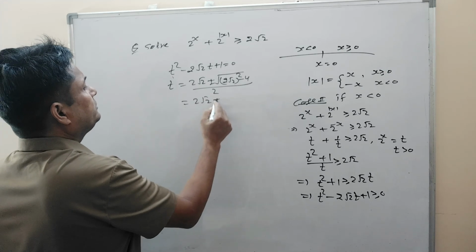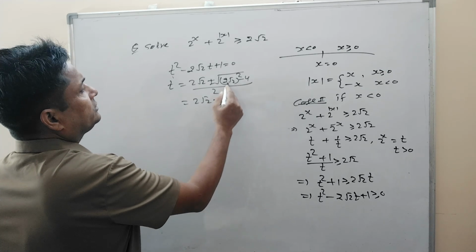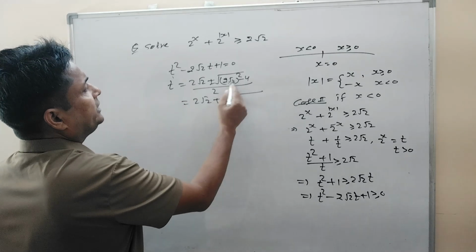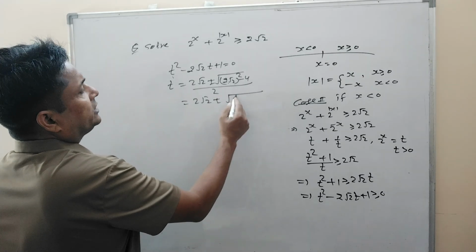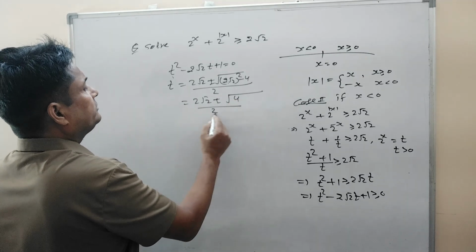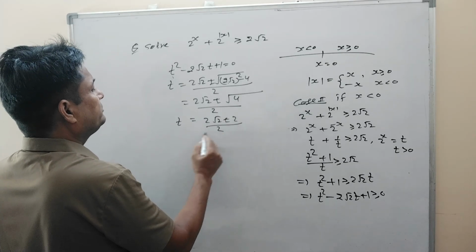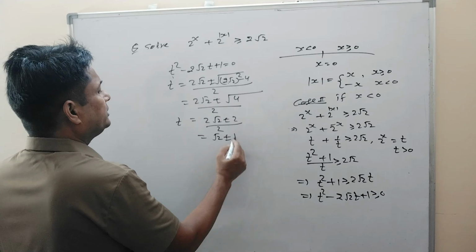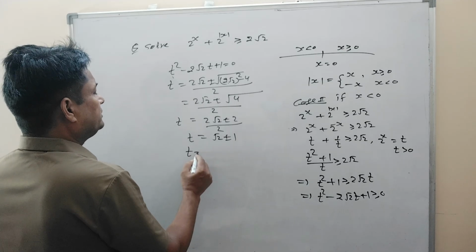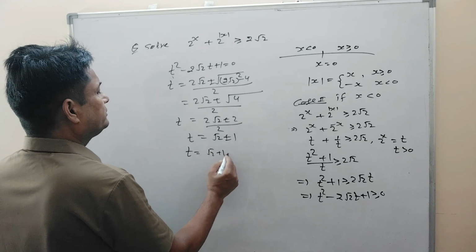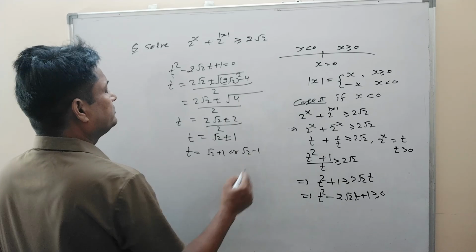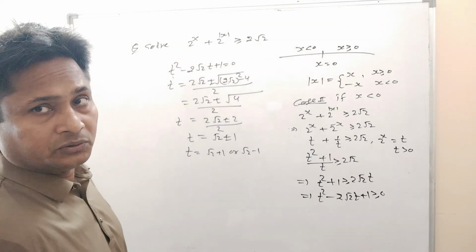So this will be 2 root 2 plus minus under root of 8 minus 4, this will be 4, divided by 2. That means t equals 2 root 2 plus minus 2 divided by 2, that means root 2 plus minus 1. So t is coming root 2 plus 1 or root 2 minus 1. These are the two roots.